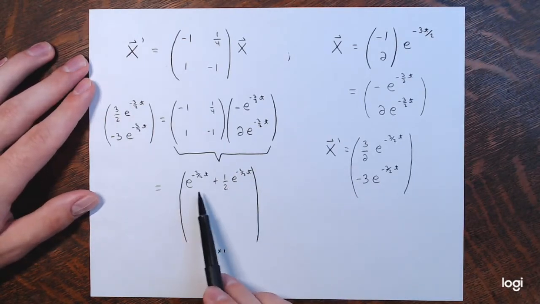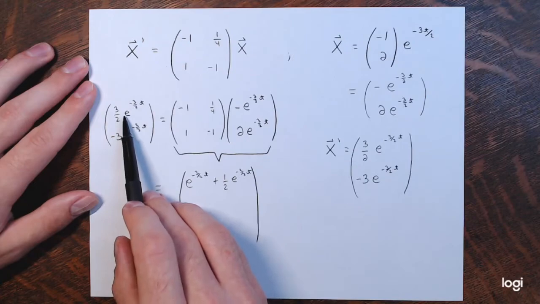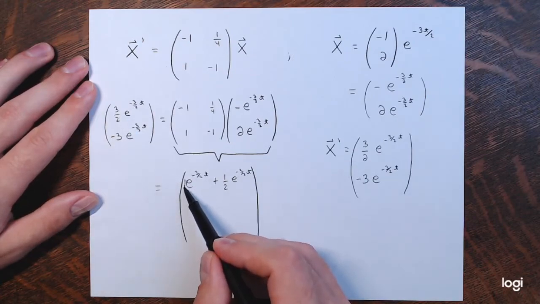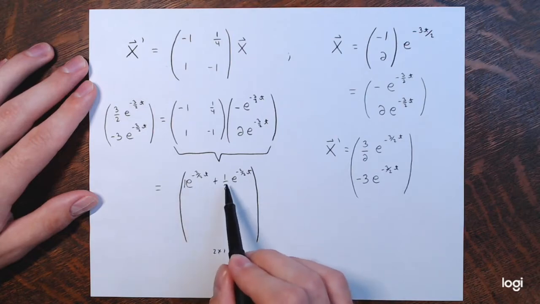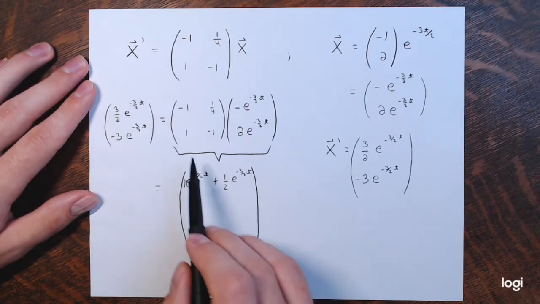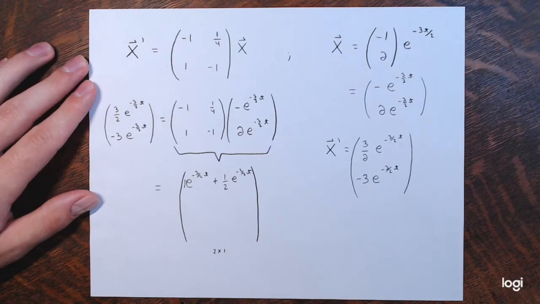And you see how that's actually equal to the first row on the left? This is 1 plus a half, and 1 and a half is 3 halves. So the first row entries are the same.